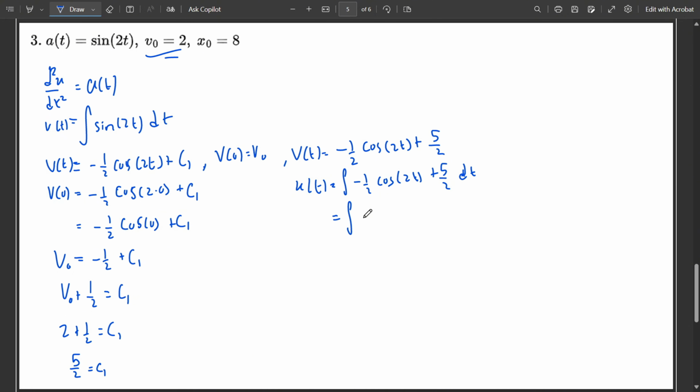We're going to integrate this: negative 1 over 2 times 1 over 2 sine of 2t plus 5 over 2 t plus our c2. Okay, this is our x of t. Well, again, we need to find x of 0.